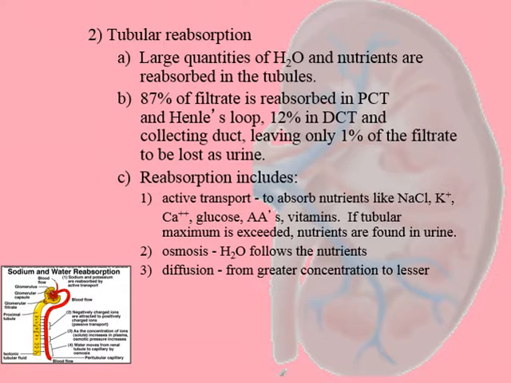If you pull water out, urea concentration is going to go up. And as that urea concentration goes up, then it's going to begin to diffuse into the peritubular capillaries and be reabsorbed. So that even though urea is a waste product, you reabsorb urea back from the filtrate.